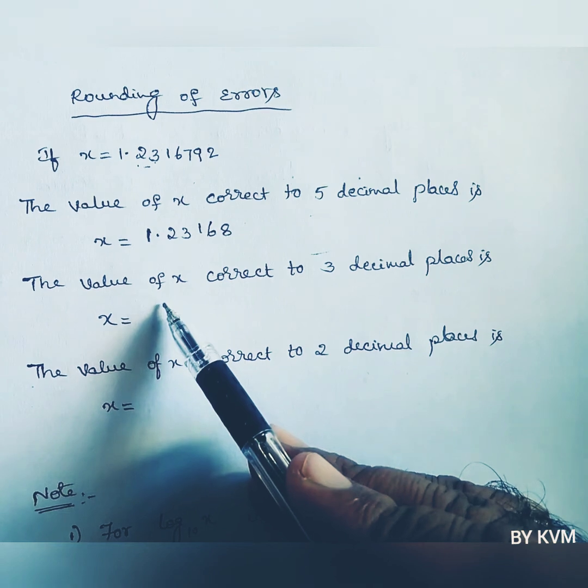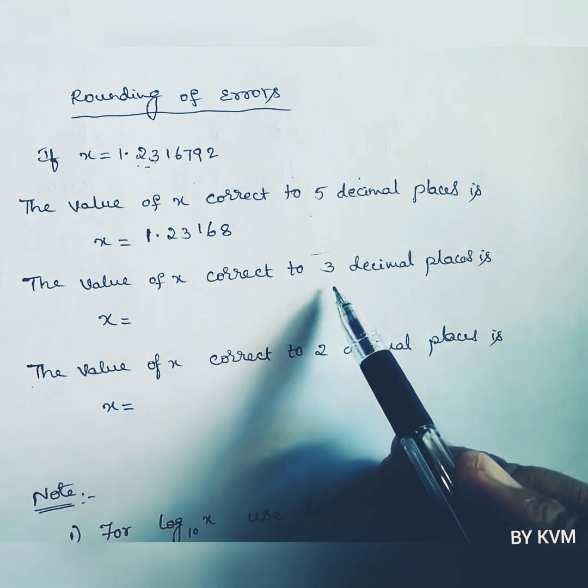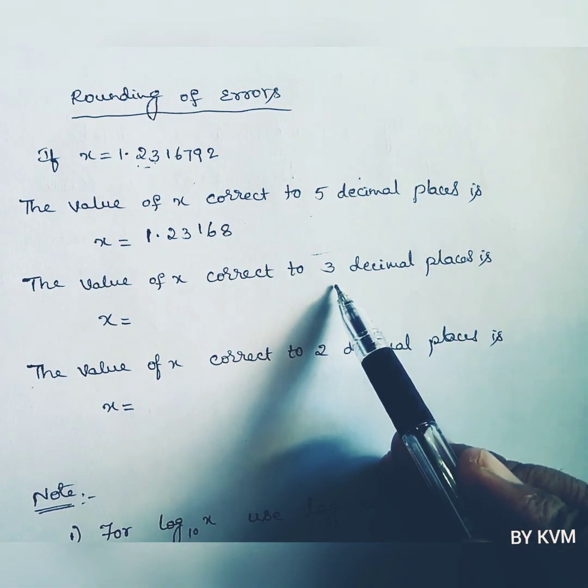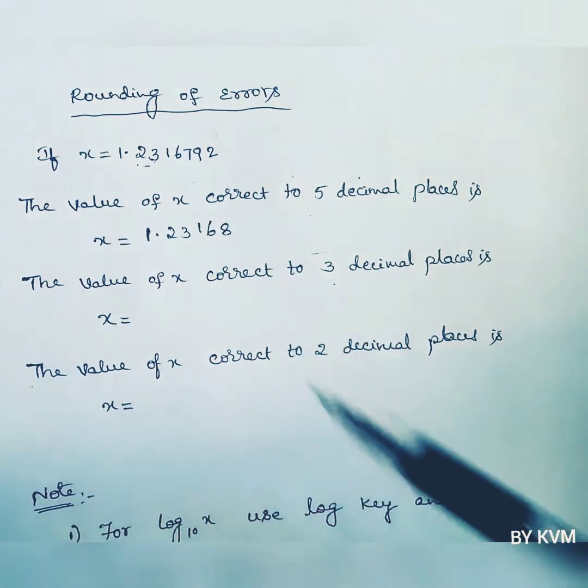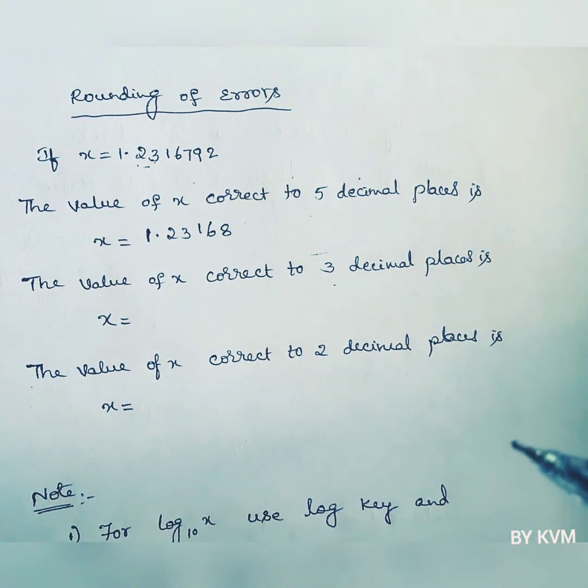Similarly, if you want to keep the value of x to 3 decimal places, you have to see the 4th place. In the 4th place we have 6, and 6 is greater than 5.